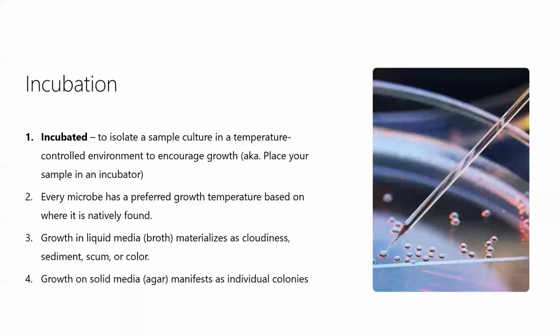If I chose to inoculate a solid media, like an agar shown here on the right, where we'd have a petri dish with some gelatin in the bottom, we will see individual colonies. So these individual little circular discrete spots are each individual colonies.